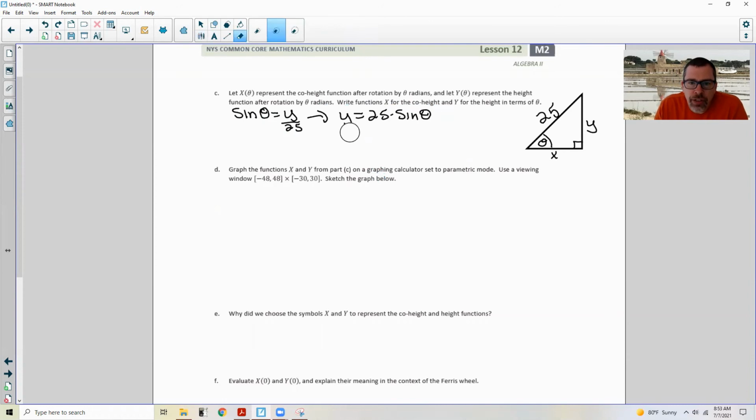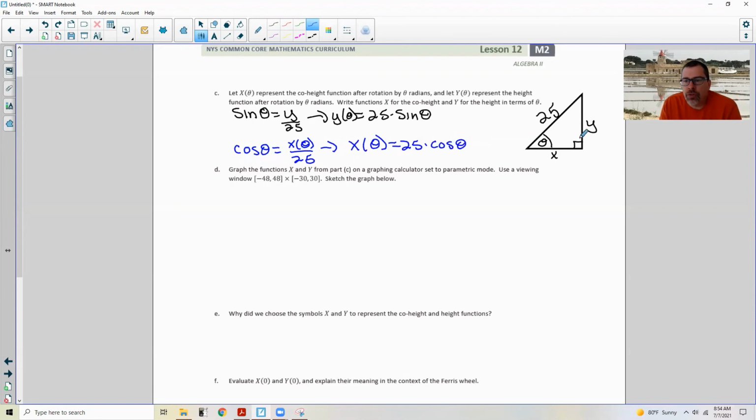In other words, instead of just saying y, I could say y of theta equals 25 sine theta. Doing the same for the cosine, the cosine of theta equals x with respect to theta divided by 25. I multiply both sides by 25, and this yields x of theta equals 25 times the cosine of theta. So there's just a quick shortcut. All you do is take the radius times the cosine for this side, radius times the sine for this side.